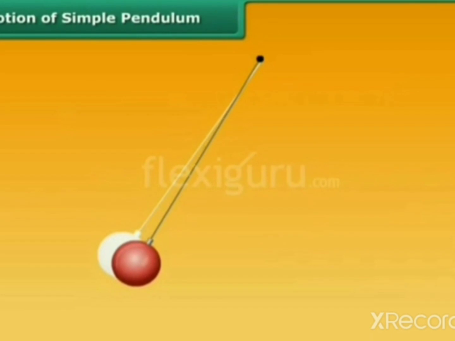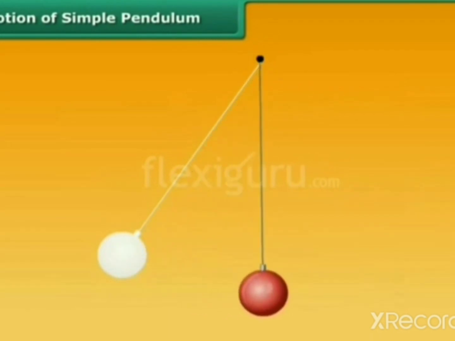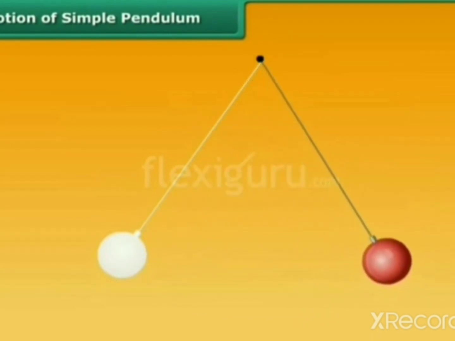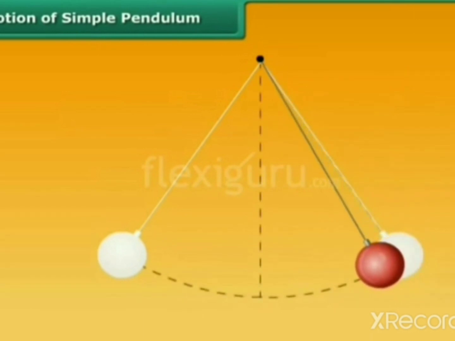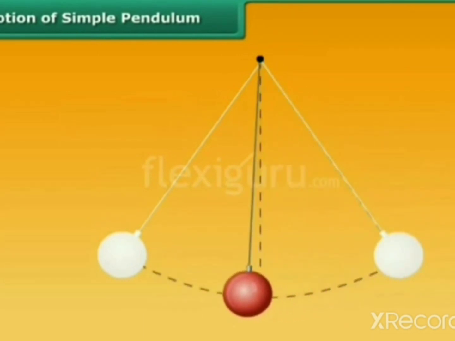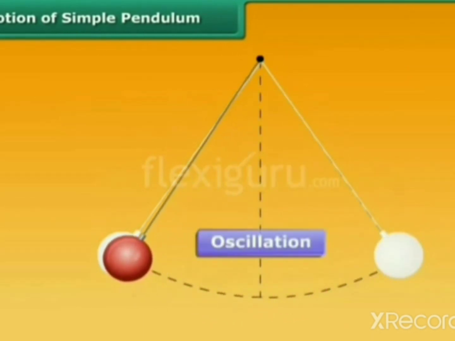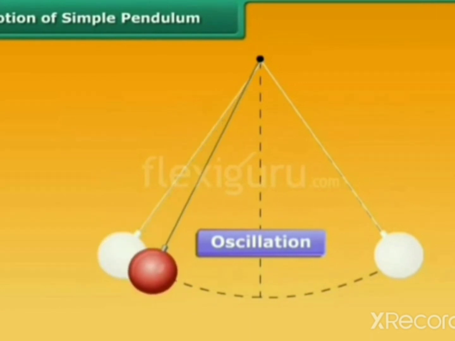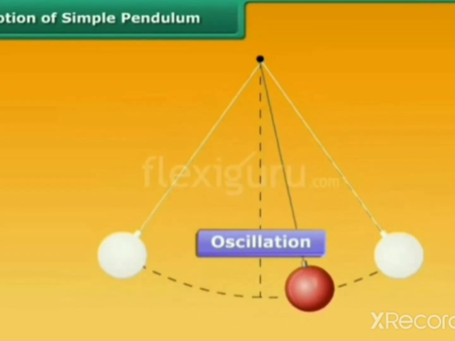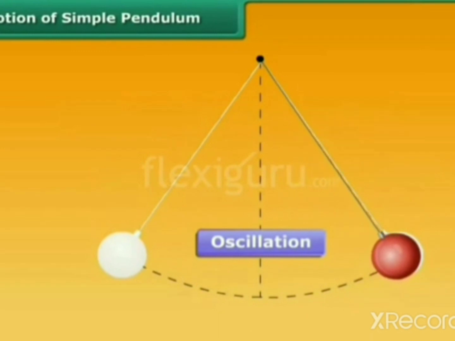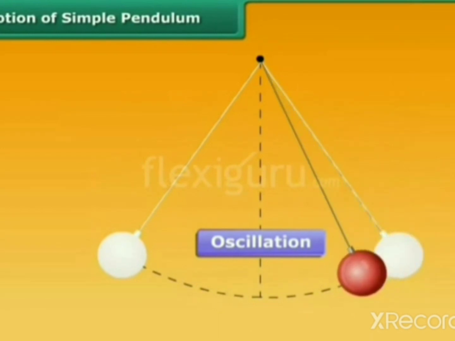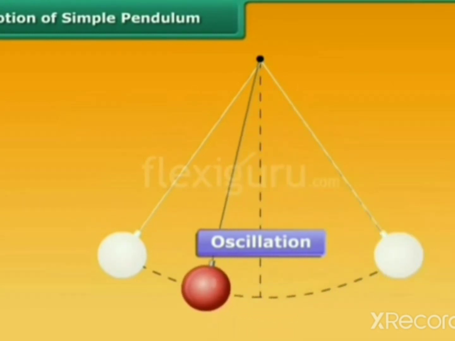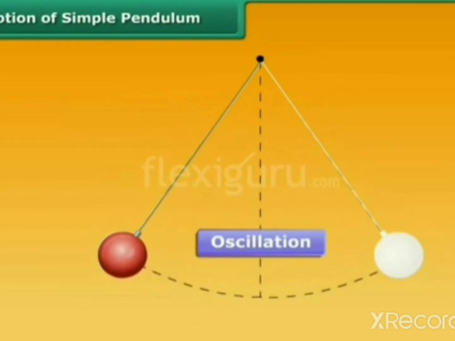Now the pendulum is executing an oscillatory motion. So the first term related to a simple pendulum is oscillation. The definition of one oscillation is one complete to and fro motion of the bob of the pendulum.